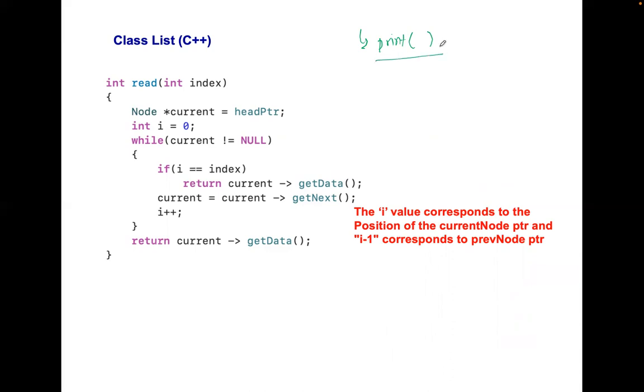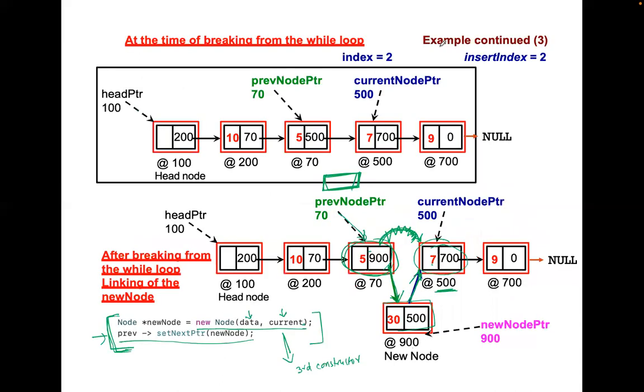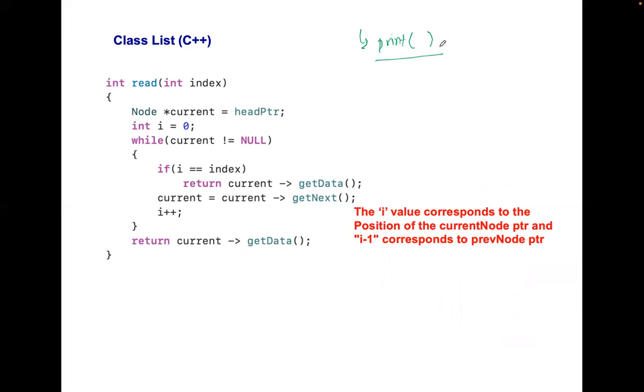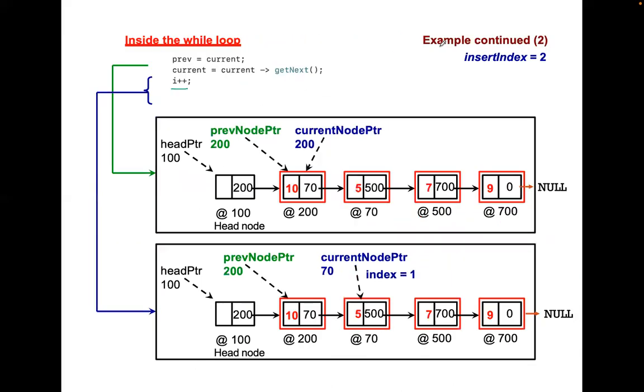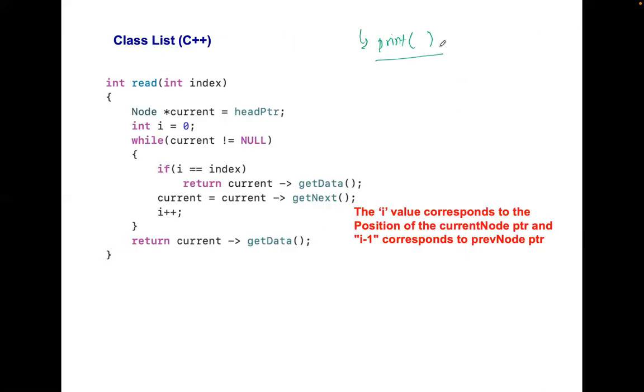So for now, until this point, I will ask you to write the definition of class node, write the definition of class list, and implement the insert function and insert at index function. The read function is also similar: now we know how to insert and how to insert at an index, which means we can traverse the list, either the whole list or until some point. Using that concept, we can implement the read function.